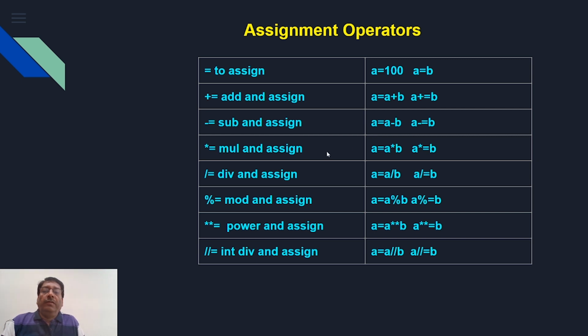Similarly, star equal to: A into B, you can write as A star equals B. Slash equal to is as good as saying A equals A by B, or A slash equals B. Percent equal to is to say A equals A percent B, or A percent equals B. Star star equal to: A equals A star star B can be written as A star star equals B. Slash slash equal to: you can write A equals A slash slash B as A slash slash equals B. So you can either write in this fashion or in this fashion.